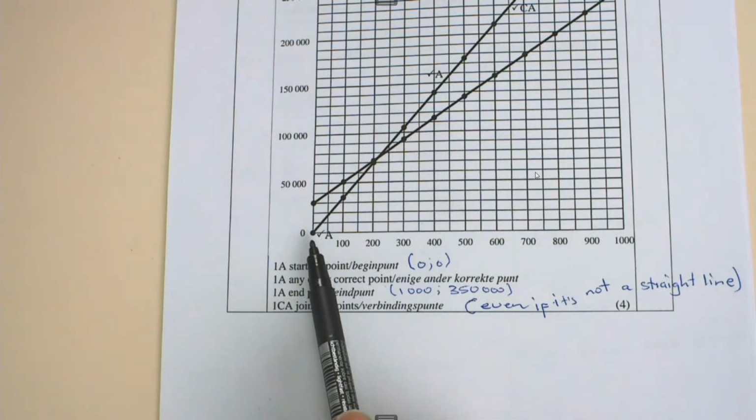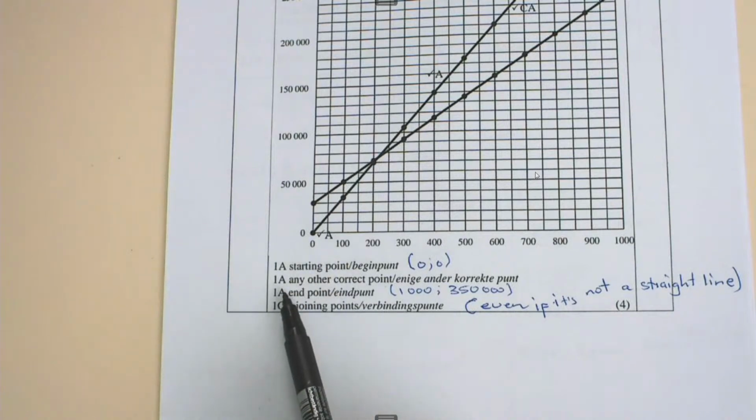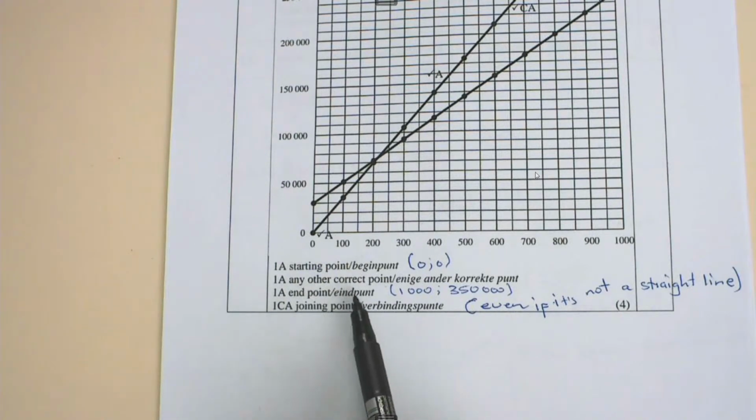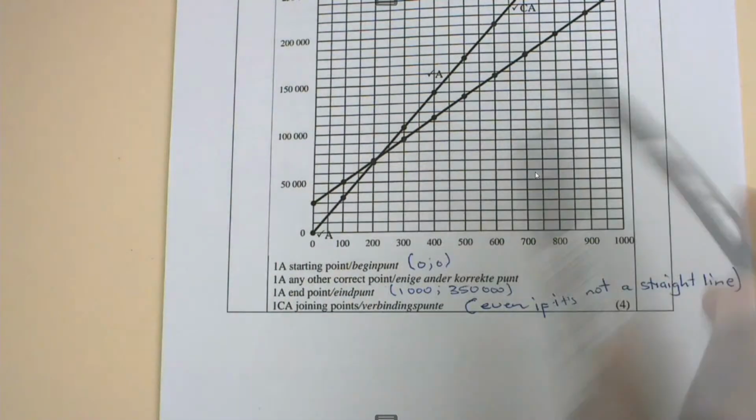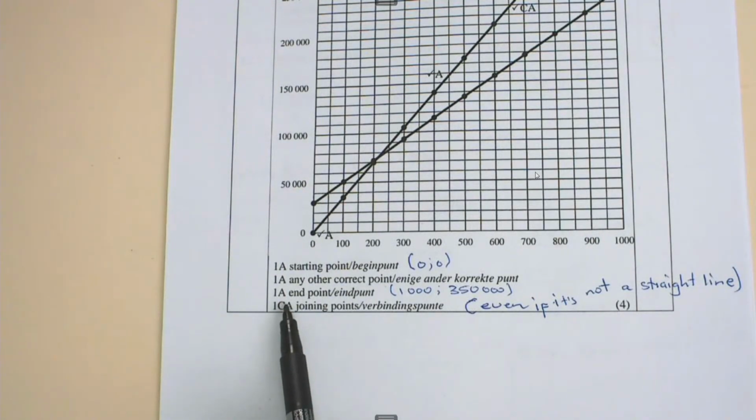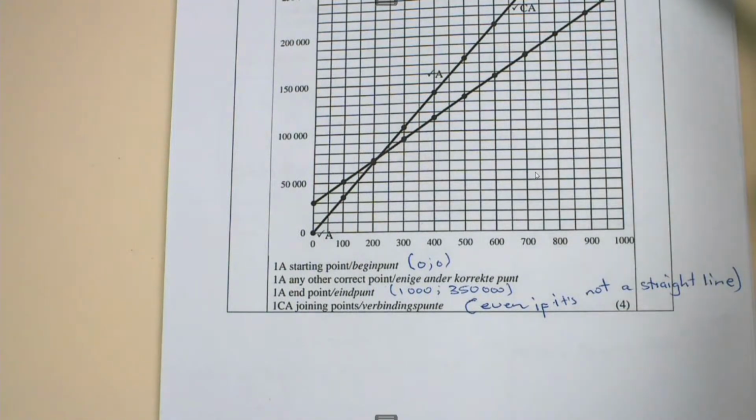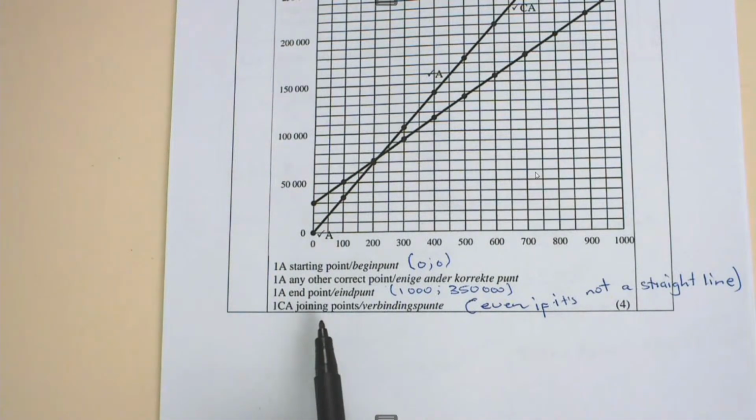One accurate mark for any other correct point, which is 1,000 and 350,000. And then 1 CA mark for joining points. Even if it's not a straight line, you see A that, according to the points of the learners.